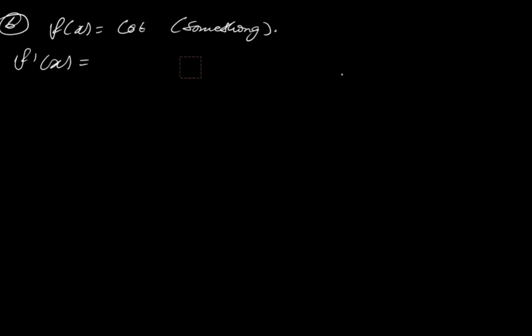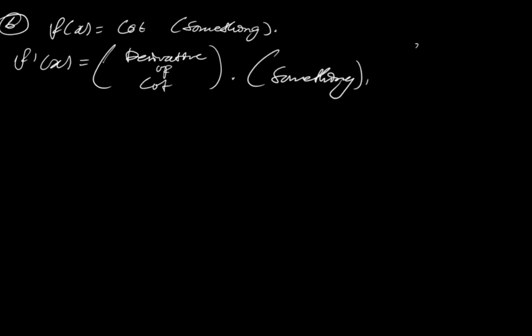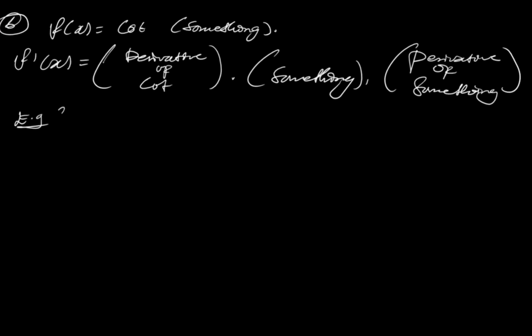Basically, let's put it in a simple way, in a manner that we use. So this would be the derivative of cot times something times the derivative of something. Be mindful of this. The derivative of cot is basically negative cosecant squared.